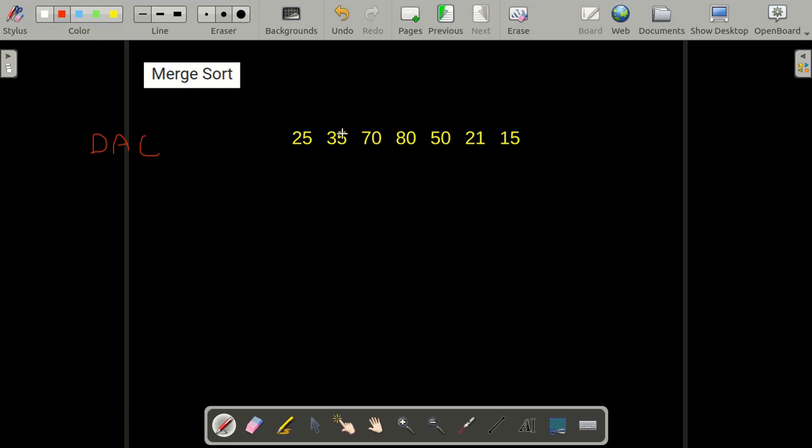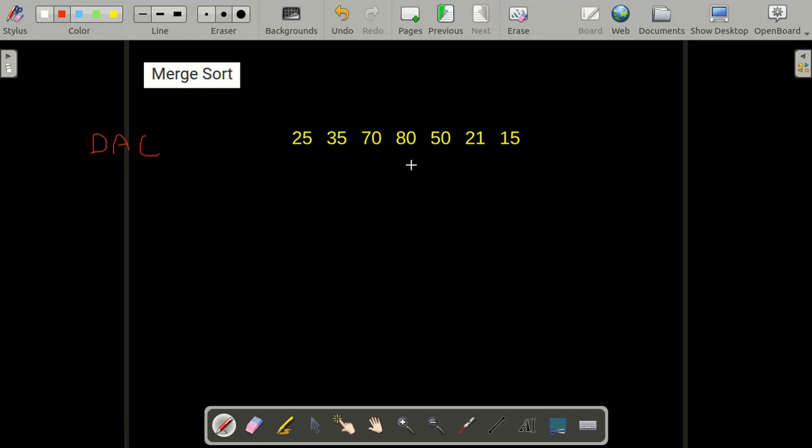So we are going to divide this array into small arrays, solve these arrays, and at the last combine them. The combination part is done by the merge algorithm, because we know that a merge algorithm takes two sorted arrays as its input and returns a single sorted array by merging both arrays.